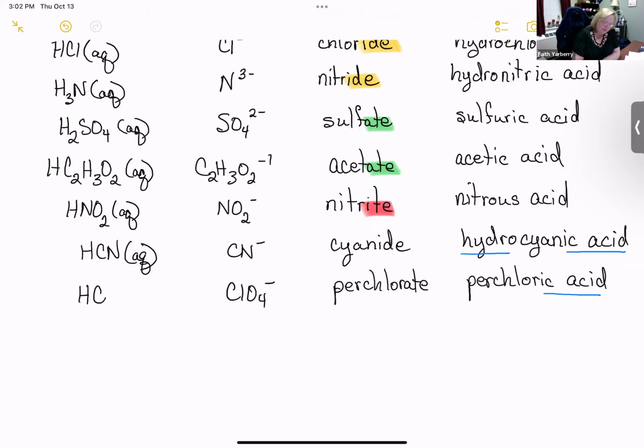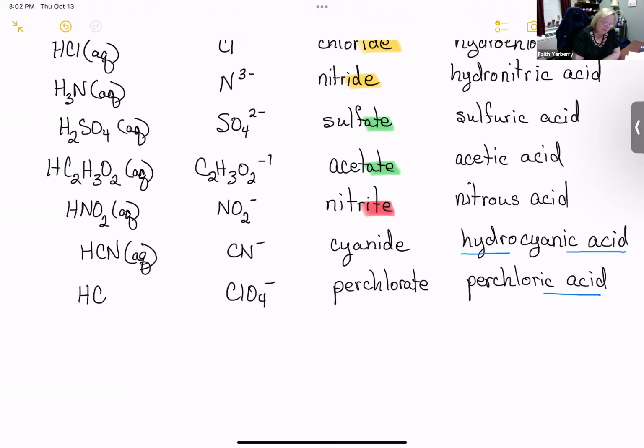So this came from hypoiodite, which is IO minus. So the acid is going to be HIO aqueous, because the number of hydrogens is equivalent to the magnitude of the charge.